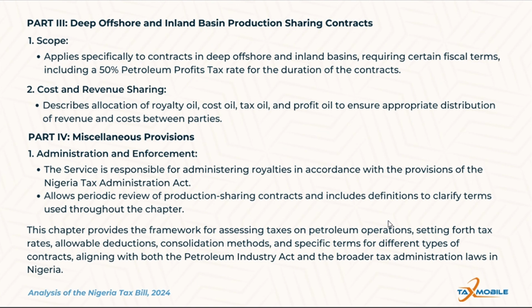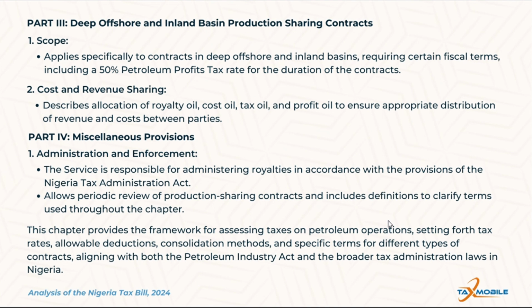Now, the allocation involves royalty oil, which is paid to the government as compensation for the extraction of natural resources. Cost oil, allocated to cover operational cost of the petroleum company. Tax oil, allocated to settle the petroleum profit tax liability.